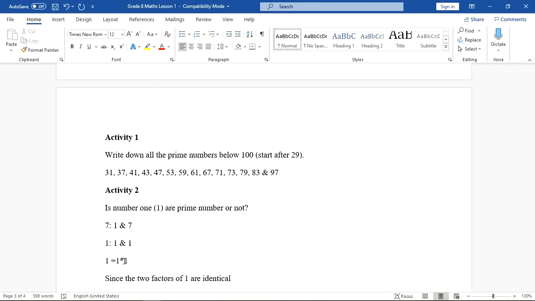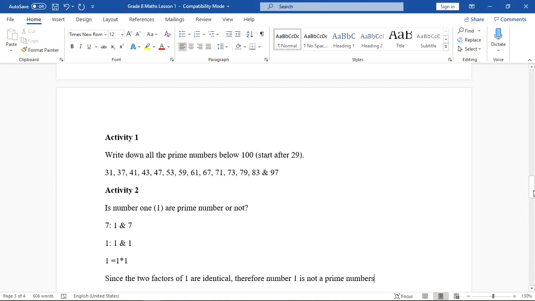Since the two factors of 1 are identical, therefore number 1 is not a prime number. The definition of a prime number is a number with two factors only that are different.